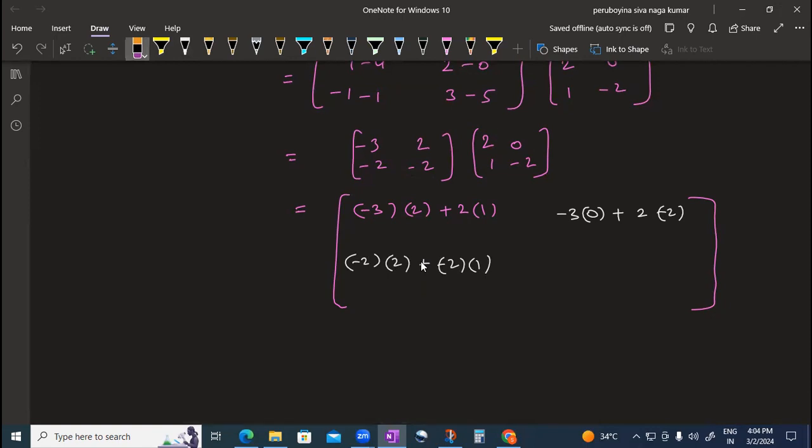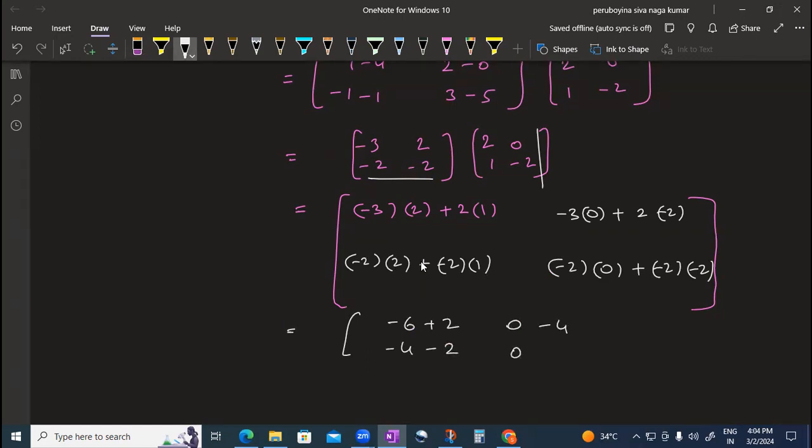Again second row, second column: -2 into 0 plus -2 into -2. This is -6 plus 2, -4, and -2. This is 0, -4. -4, -6, -4 plus 4. This will be the answer.